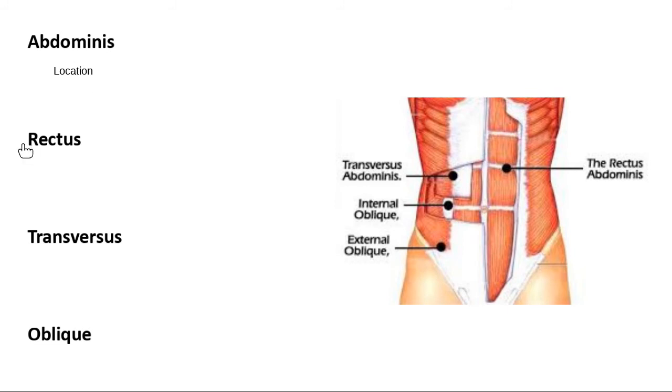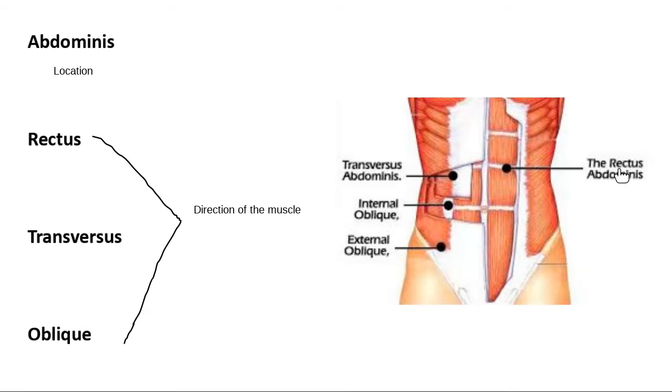Now these parts of their name, so we have rectus abdominis, we have transversus abdominis, and while we're at it, we do also have oblique muscles. All three of these words in the names of our abdominal muscles refer to the direction of the muscle, or the direction of the muscle fibers, as it's sometimes described, the cells that are inside of it.